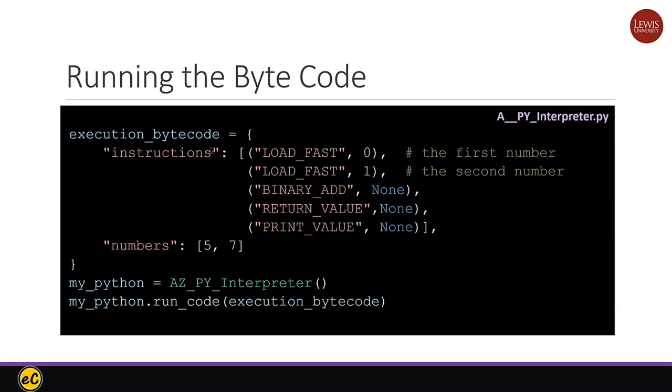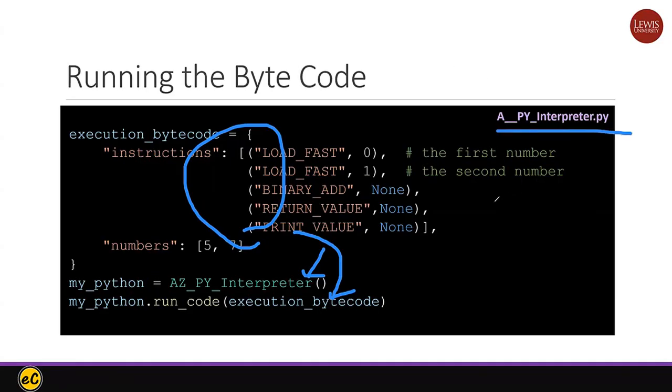Okay, so let's look at this. If you have the executable code of this, and then you create a Python interpreter, this is already an interpreter, and you load your executable code to your interpreter and run it. This is the function of an interpreter.